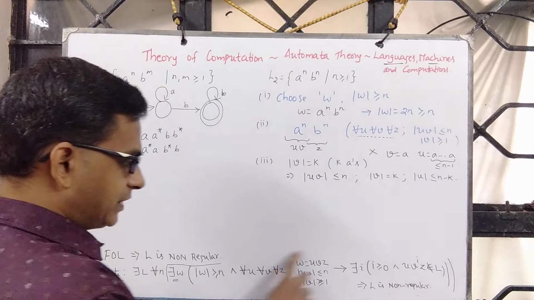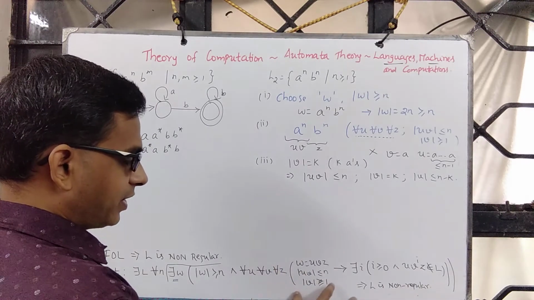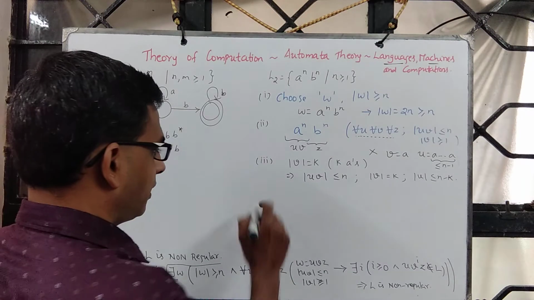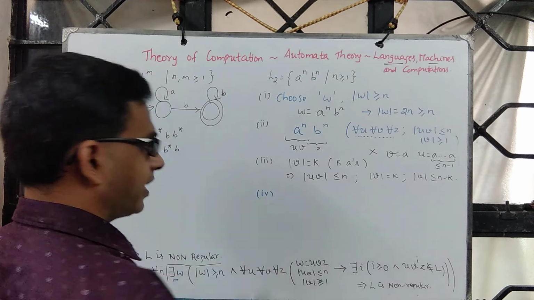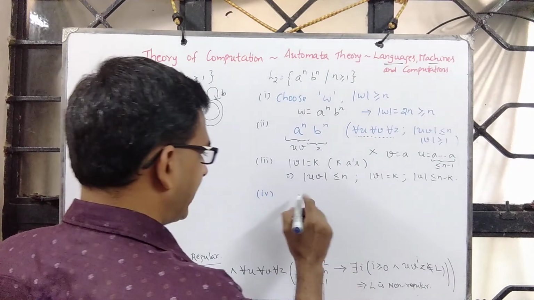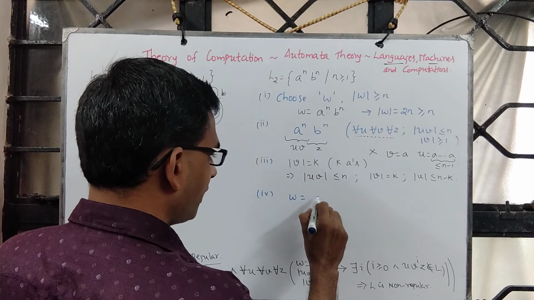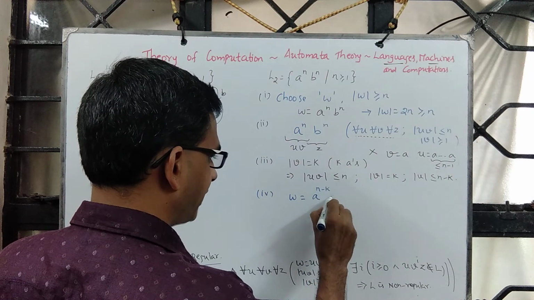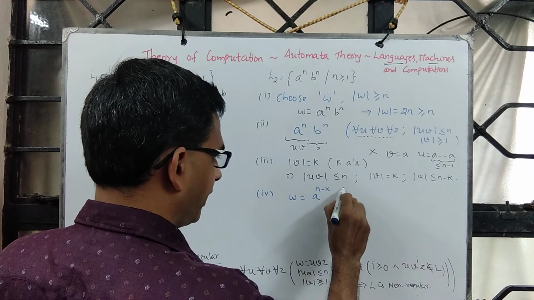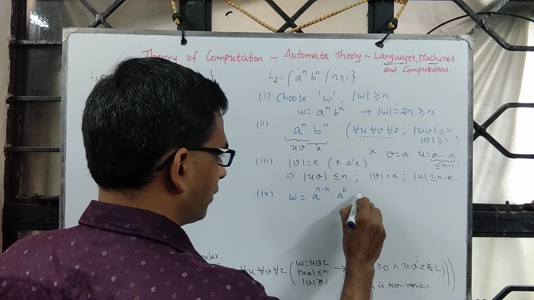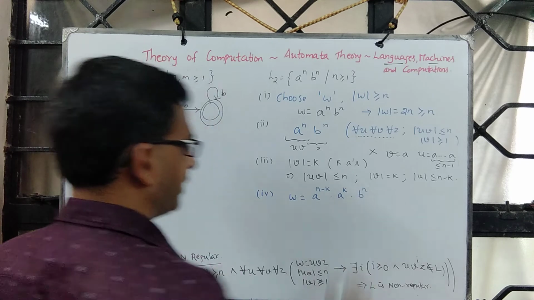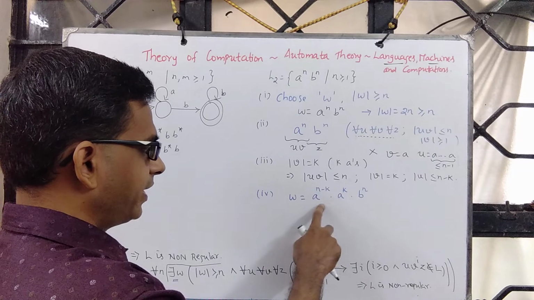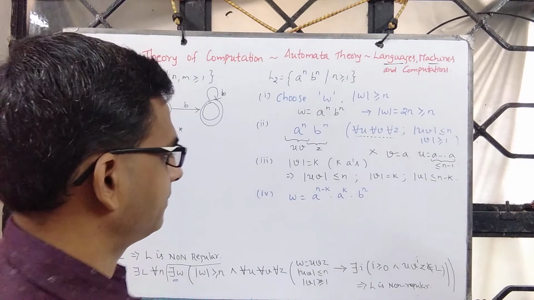Now, we said you come up with any decomposition respecting this constraint, then go to the next one. So now if you look at w, w can be written as a to the power n minus k and a to the power k followed by b power n. It is some k and the remaining part is this.